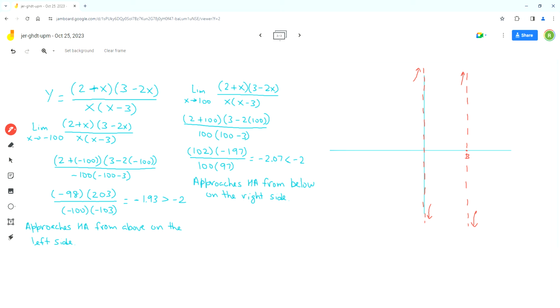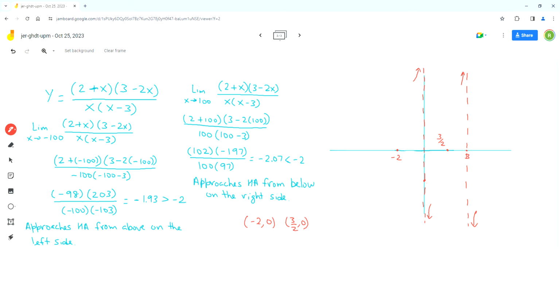Now we can plot the x-intercepts. So the x-intercepts we got are negative 2, 0 and 3 over 2, 0. So the first x-intercept can be shown somewhere here, so negative 2, and then the second x-intercept can be shown somewhere here, so this is 3 over 2.